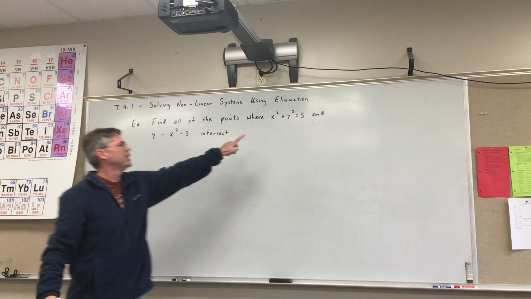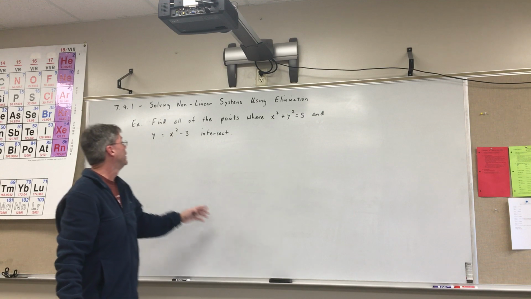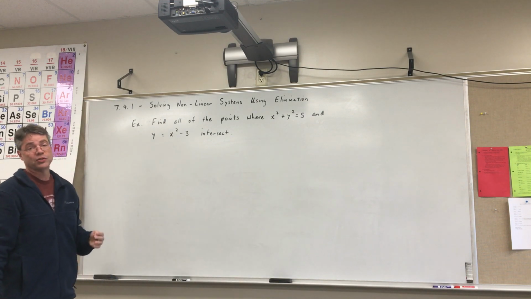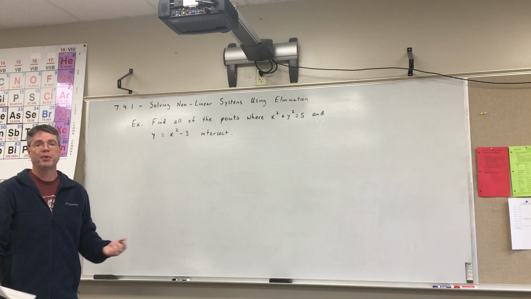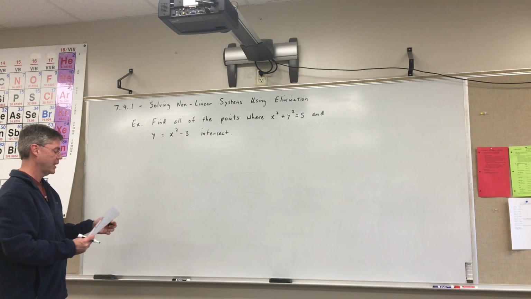So this function is a circle. This function is a parabola, so they could actually cross in as many as 4 spots. Just depends where they sit on the graph, so we'll see.